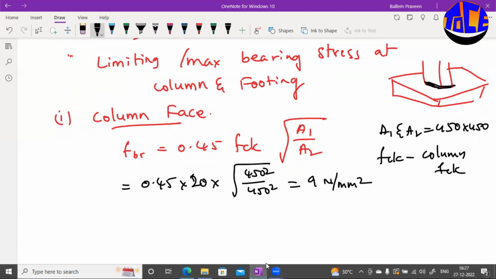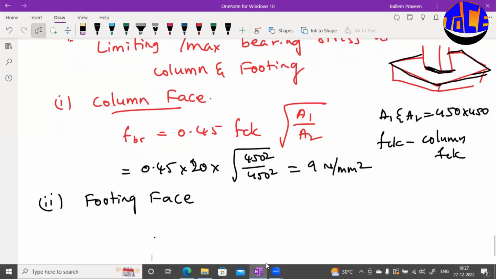Okay, so we have considered the column face. Now let us consider the footing face. In the footing face, A1 will be the area of the footing at the top, and A2 will be the bottom column area.